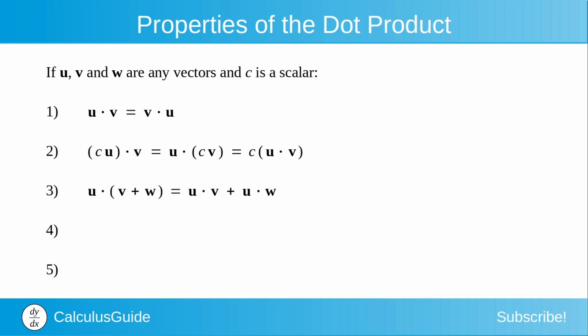The dot product of u and the result of v plus w is equal to u dot v plus u dot w. u dot u is equal to the length of u squared. And the dot product of the 0 vector and u is equal to 0.